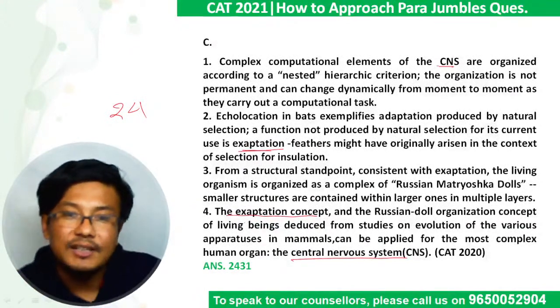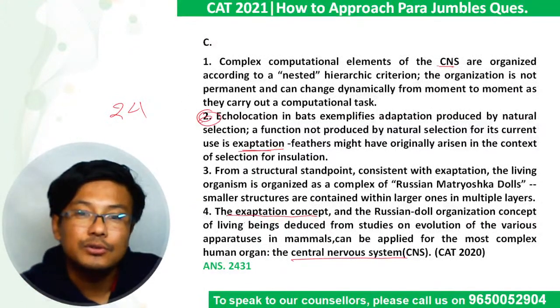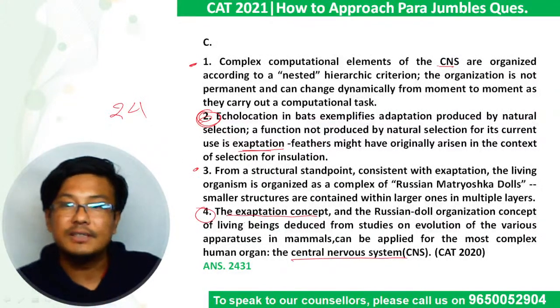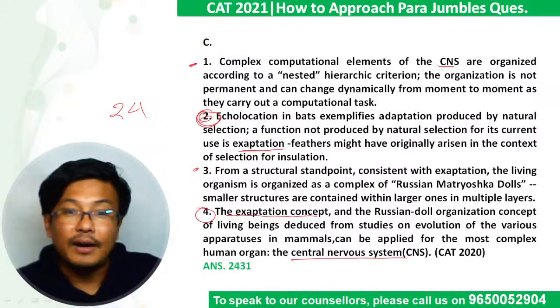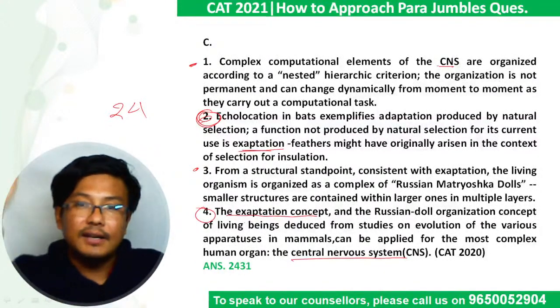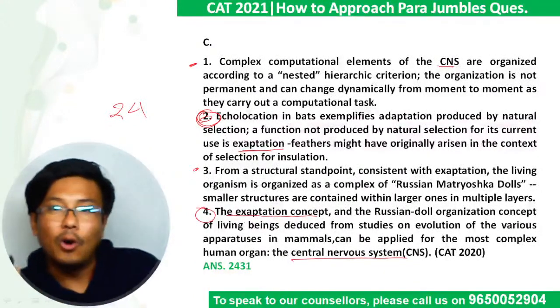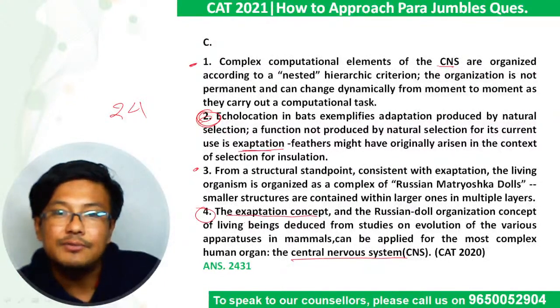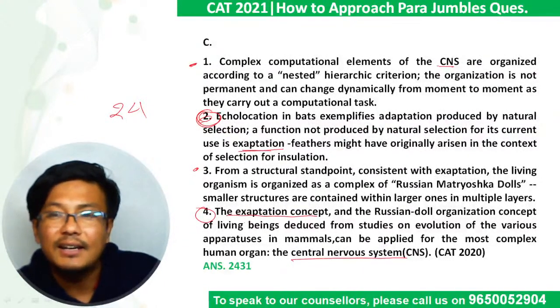Now, 2 and 4 is done. After this, should I write 3 or should I write 1? If you notice, if you write 1 straight away, complex computational elements of CNS are organized to a nested hierarchic criterion.